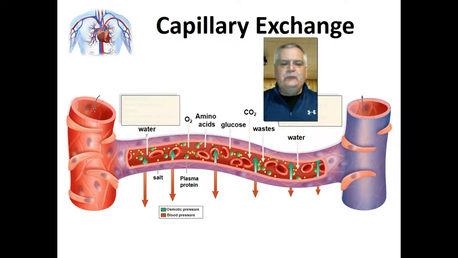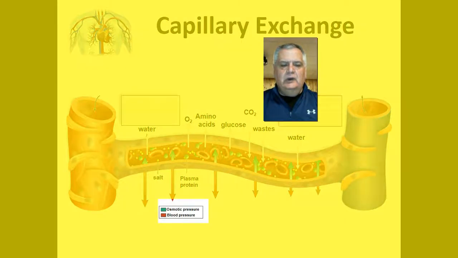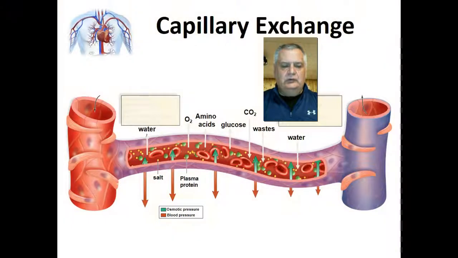Now, also, by the way, take a look at the arrows, and you can see the key here. The key shows how the blood pressure is changing as you move across the capillary bed. So the longer arrow on the arterial side means the blood pressure is higher. The shorter arrow on the venous side means the blood pressure is lower.